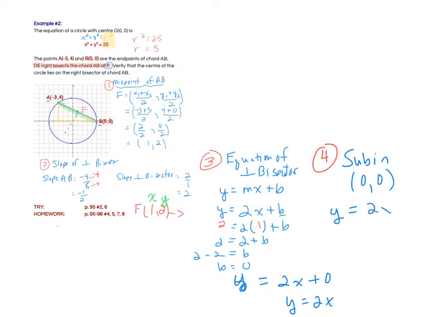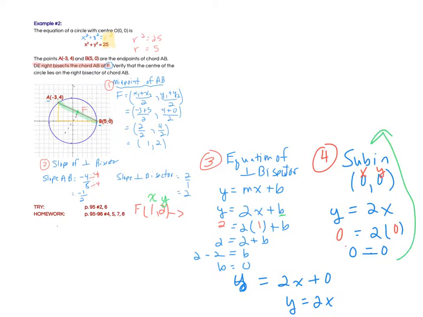That's the equation for my right bisector. And I'm going to sub in 0 for x and 0 for y. So 0 equals 2 times 0.